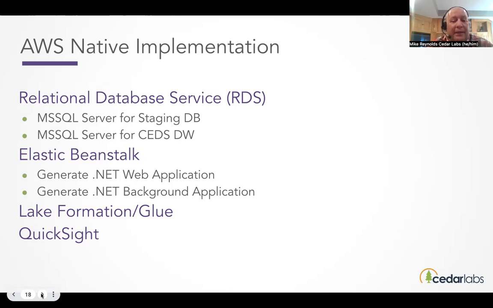Then the last 2 are the lake formation and the glue, which, as we saw in Ben's diagram, is the biggest piece where the actual data resides, and the glue jobs that move the data from one segment to another. And then at last, there's the QuickSight, which is the enterprise reporting tool.